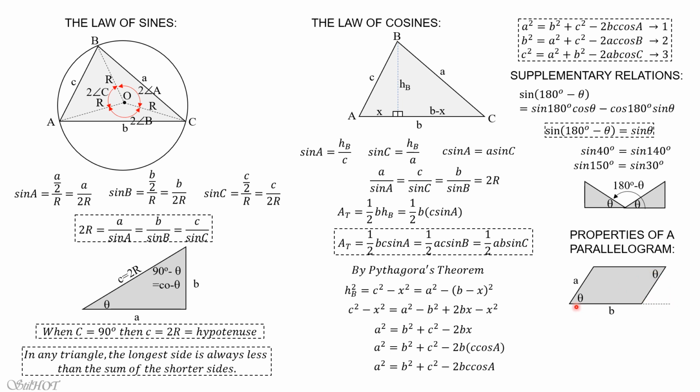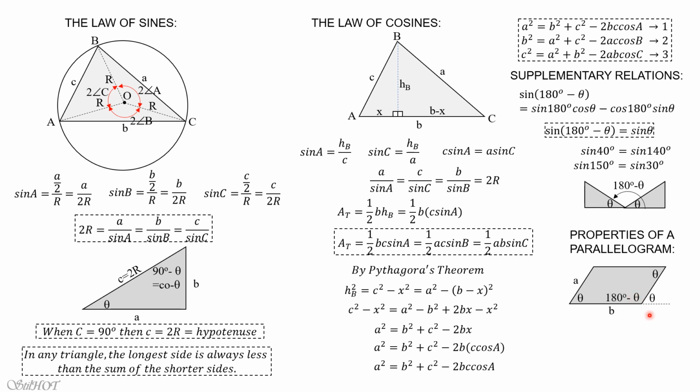Because this line is the extension of this side, and this side here is parallel to A, that's equal to A also. So therefore this is also theta. And because this angle theta and this interior angle of the parallelogram form a straight line, therefore this is 180 degrees minus theta.